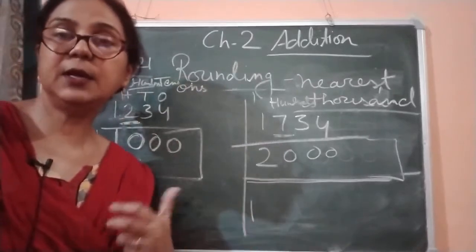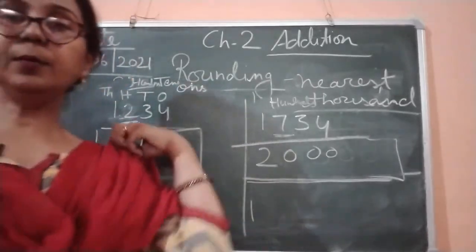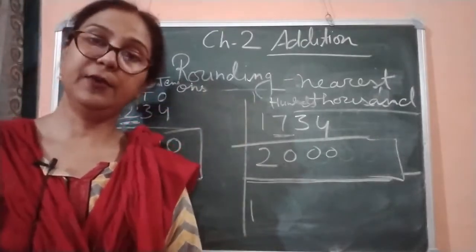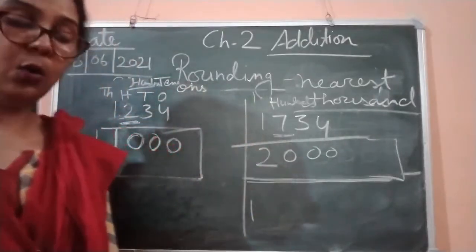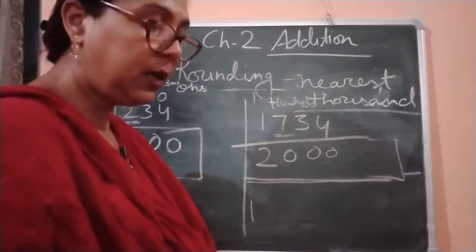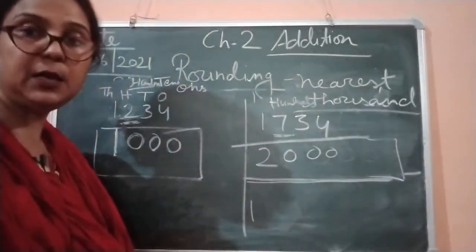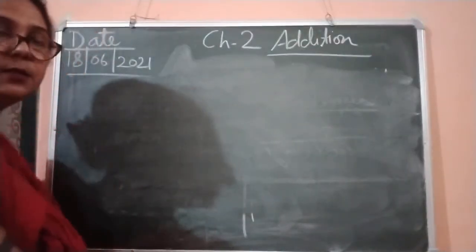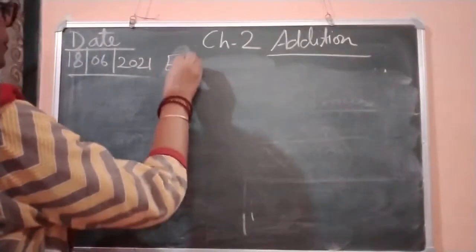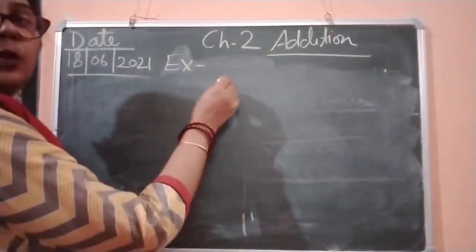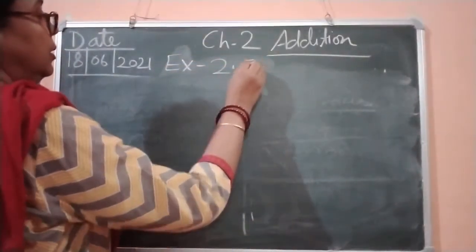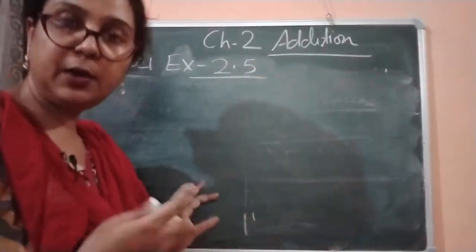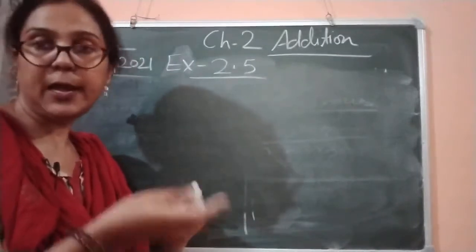As we completed expanded form yesterday, today we will do a few exercises of exercise number 2.5, which is based on rounding. First we will do rounding, then we will start estimating the sum. Okay children, let's start exercise number 2.5. First question we have already done because it was based on expanded form.